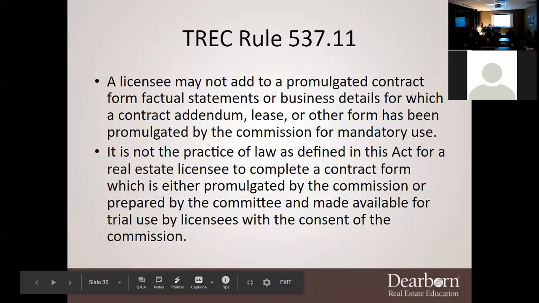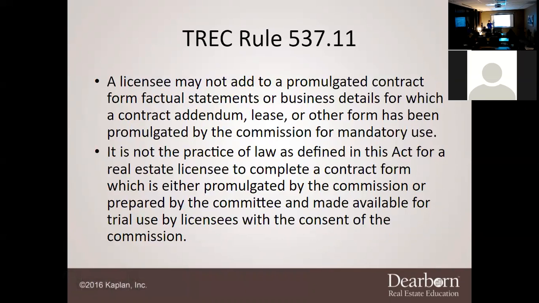Now also, a licensee may not add to a promulgated contract form factual statements or business details for which a contract addendum, lease, or other form has been promulgated by the Commission for mandatory use. If there is an addendum, a lease, or other form that has been standardized by the Commission, you have to use it.